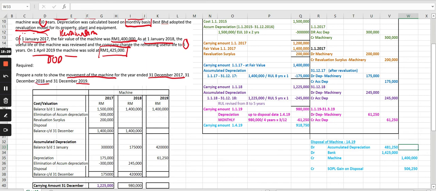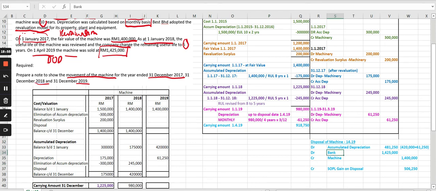So that must be removed, and the journal entry would be on the date of disposal, debit accumulated depreciation, where this one is actually taking 420 plus your 61,250. Okay, you have that 481,250. So that must be removed, and you are informed that the proceed was 1425.